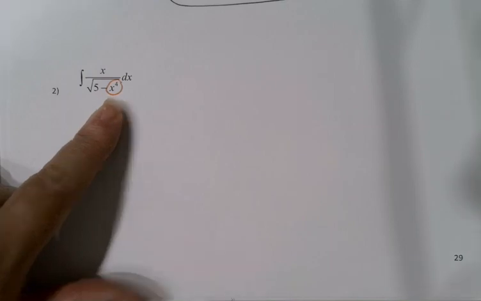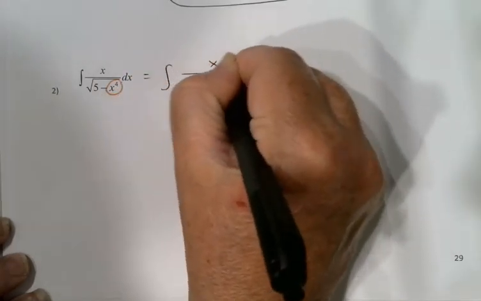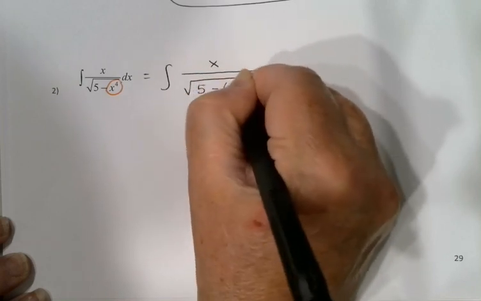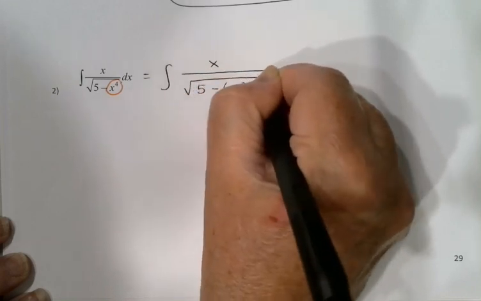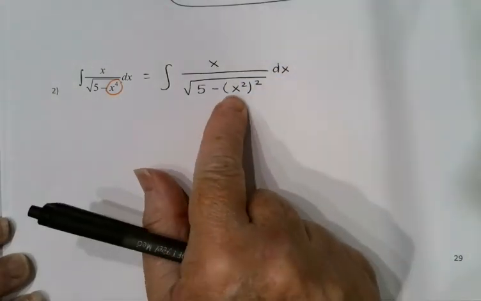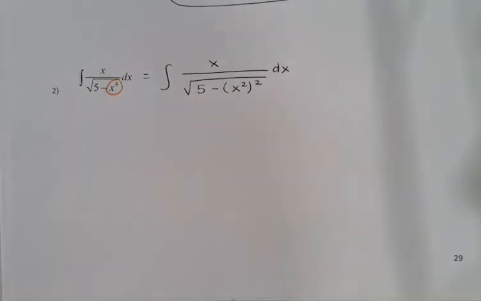Since that's x squared squared, I'm sort of thinking of this as the square of x squared. If I let u equal x squared, then that'll be 5 minus u squared, and I'll have a nice match for my formula.